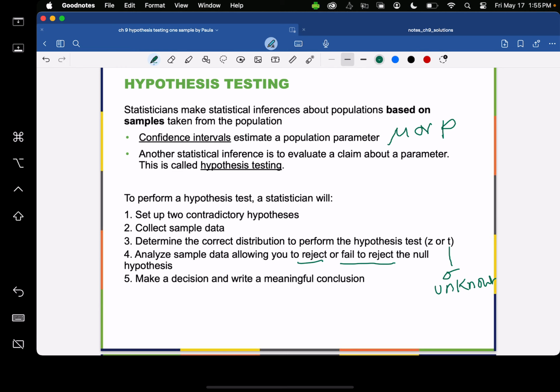And I know fail to reject is a little bit weird. Why don't we just say reject or accept? Accepting, it's a little convoluted why we don't say that, but we say you're going to reject or there wasn't enough evidence to make us reject, so we didn't reject it. And then we make our conclusion after that.